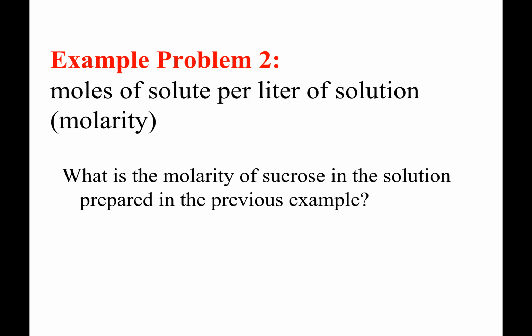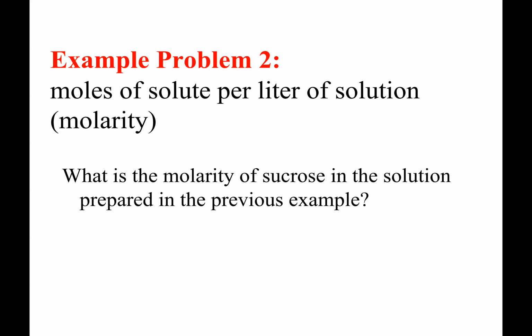And what I like to do is, you see this question mark down here? I like to write question mark, and I like to write what my units are. So if I'm after molarity, I am after moles of C12H22O11 per 1 liter of solution. That's my goal. And I already have this one. So you gotta multiply it by the molar mass.